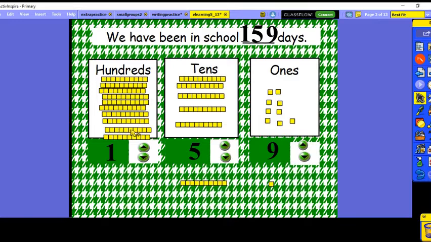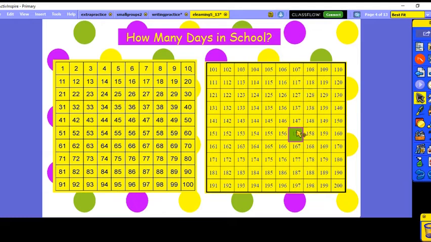Okay, so we have 10 tens for 100, 5 tens for 50, and 9 ones for 9. 159. And here's 159 on our hundreds chart.